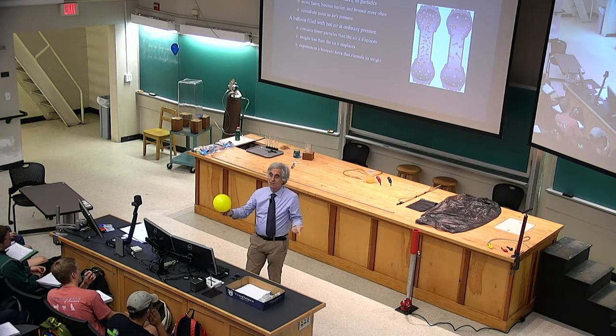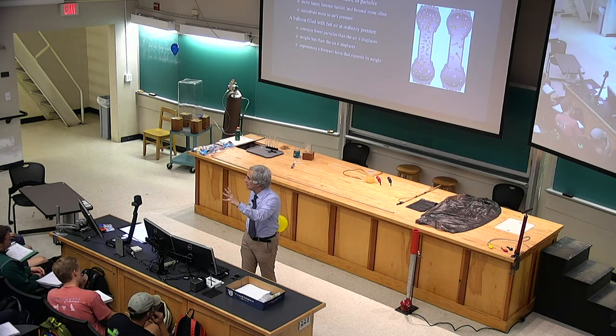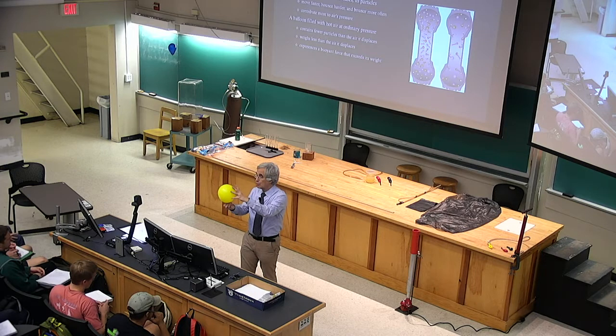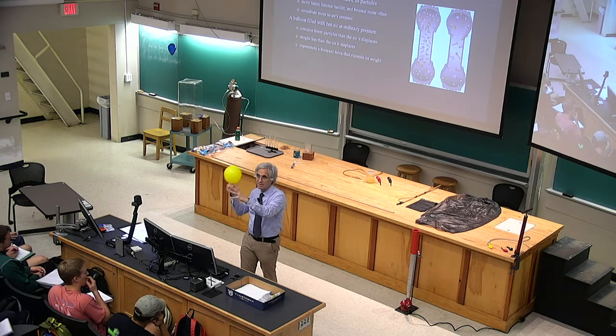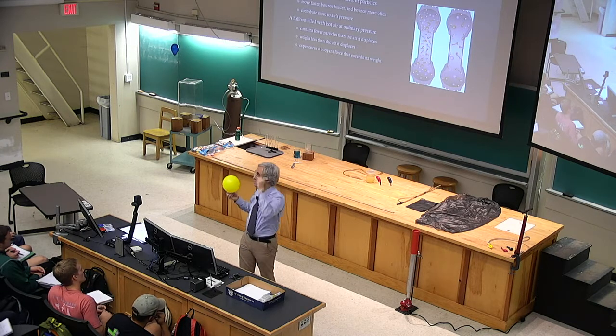If the average density of the balloon is greater than the average density of the air, that's the same story again, thought of a little differently: the balloon is under-supported, it's going to go down. On the other hand, if it's got less mass per volume than the air it displaces, it goes up.